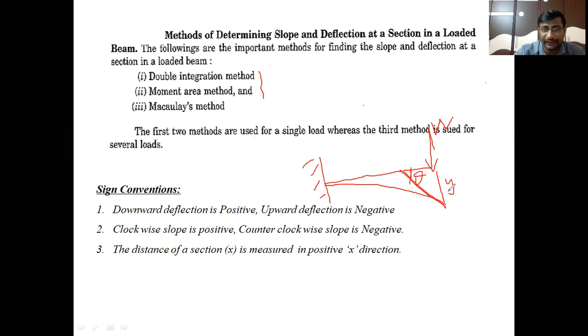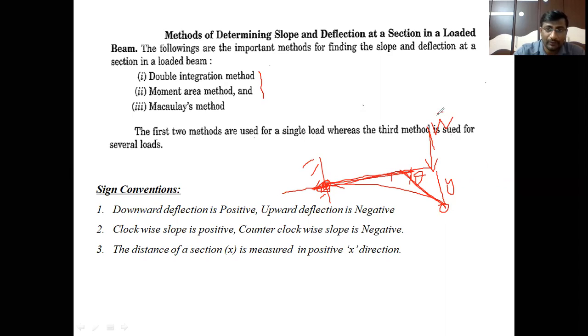This is y, the deflection, the vertical displacement of this point. This vertical displacement decreases towards the fixed end. At the fixed end, after applying the load, the deflection is zero. Also, if we draw the tangent at this point after bending, it coincides with the horizontal line. Therefore, the slope at this point is also zero. So slope and deflection are zero at the fixed end, and maximum at the free end after deflection.